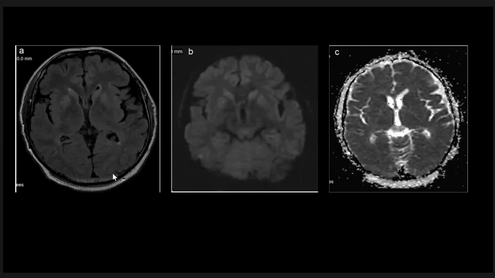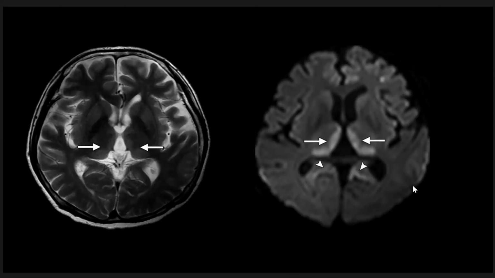We have this patient, 65 years old, with Creutzfeldt-Jakob disease, and the lesions involve the basal ganglia, usually accompanied by cortical involvement, but this is not shown in this patient, with restricted diffusion in the basal ganglia and caudate nuclei.